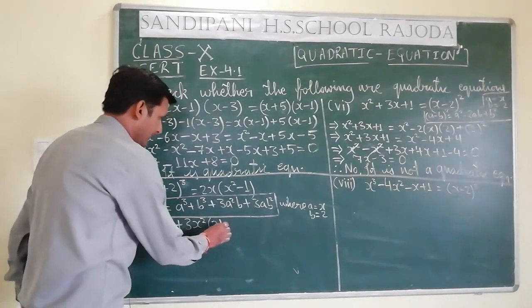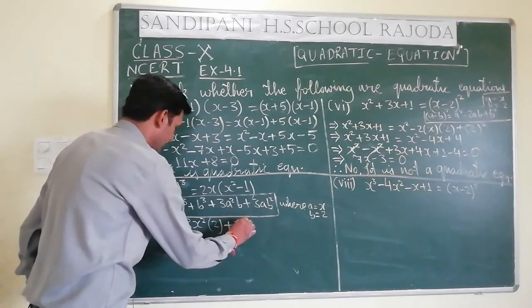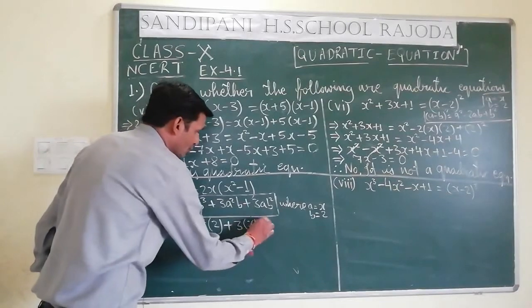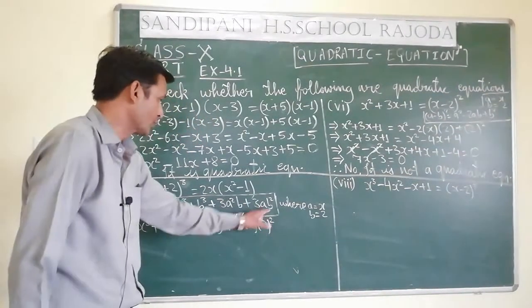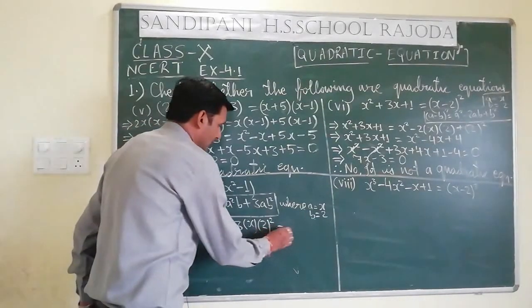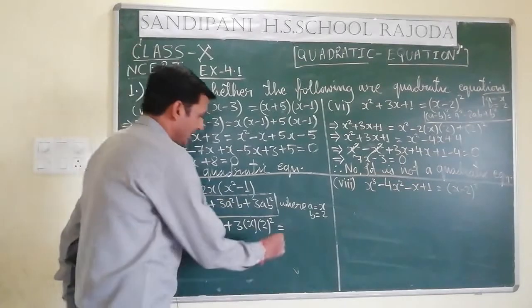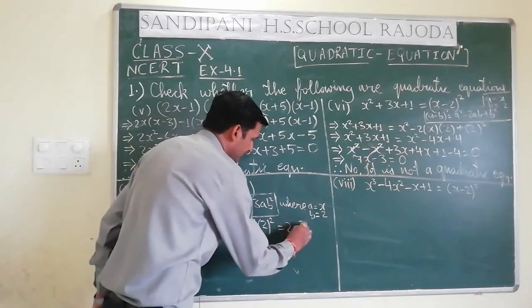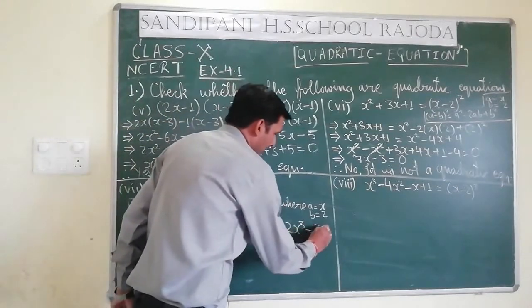Plus 3ab square, that is 3x into 2 square. 3x into 2 square is equal to 2x into x square. You may multiply it directly, it will be 2x cube and 2x into minus 1, that is minus 2x.